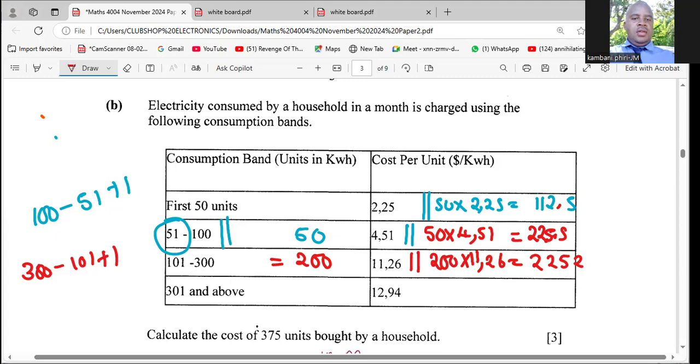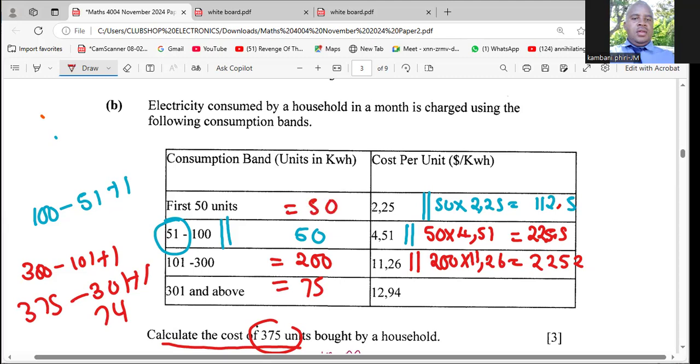Then 300 and above. And here we want to calculate the cost of 375 units bought by a household. So it will be 375 units, the cost minus 301. So 375 minus 301, we get 74 plus 1, 75. So here it is 75. Here it is 50.